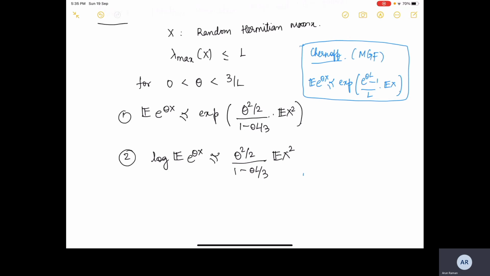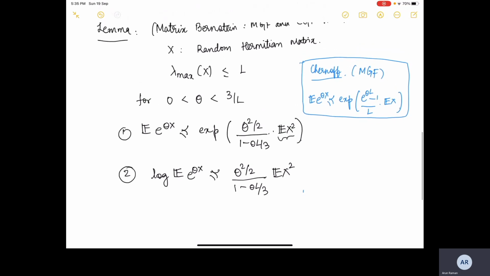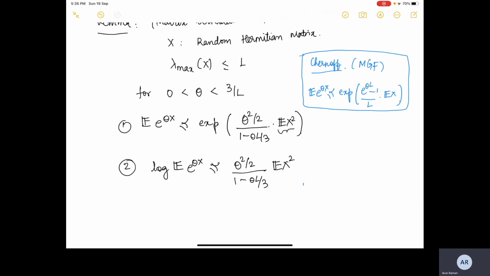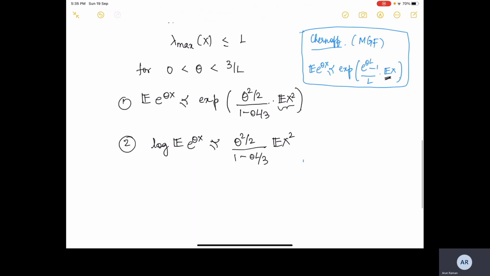If you look at the difference, apart from the constants, the major difference is that the Bernstein inequality uses information about the variance, because we will be assuming zero mean random matrices. So the Bernstein bounds use information about the variance as well. On the other hand, this works only with the mean.